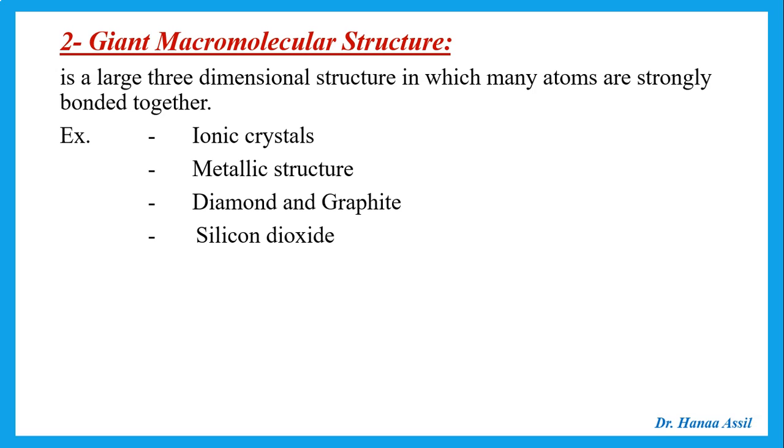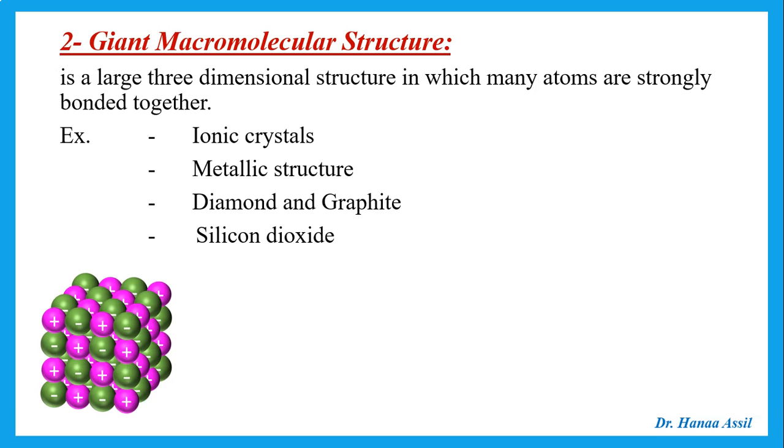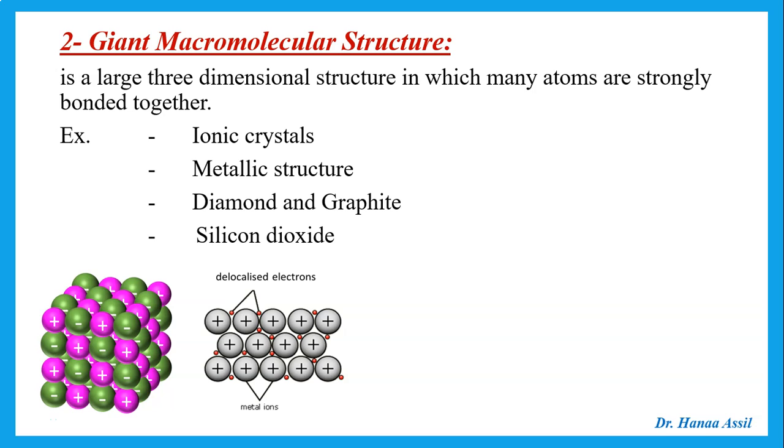Now, what examples do we have of giant macromolecular structures? We will talk about the structures of ionic crystals, which we're going to say are called a crystal lattice, and the metallic structure. So we're going to talk about the structure of metals. Metals are regarded as giant.